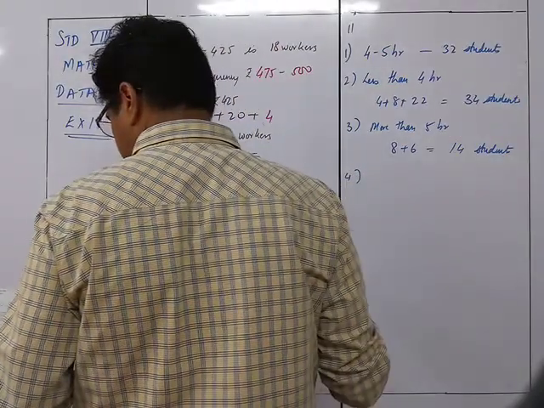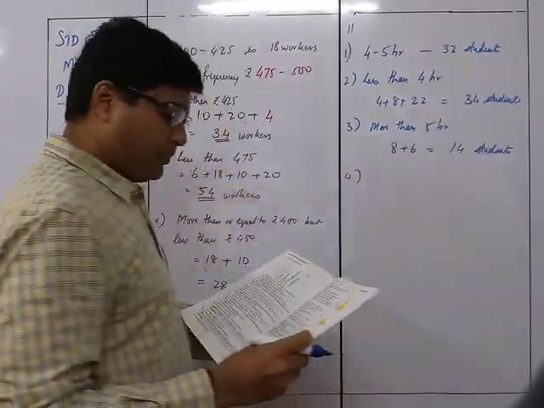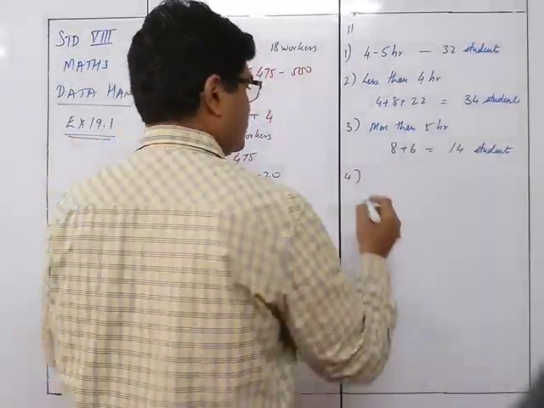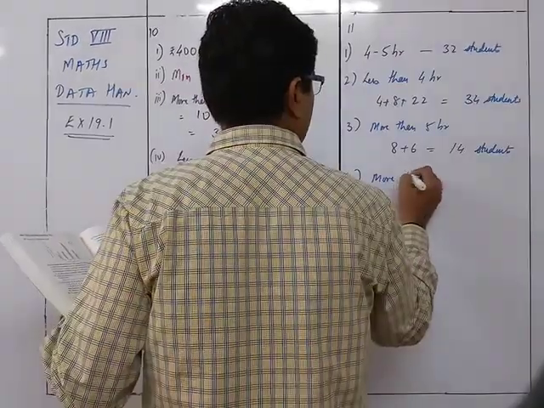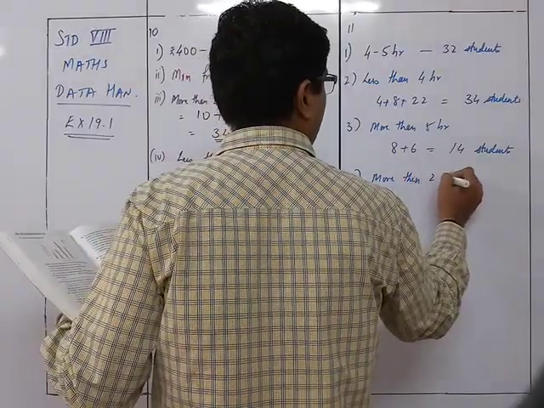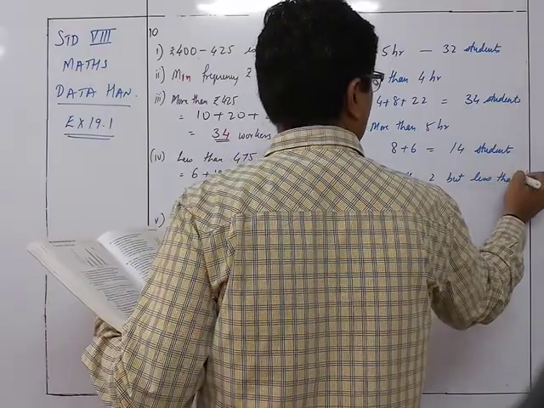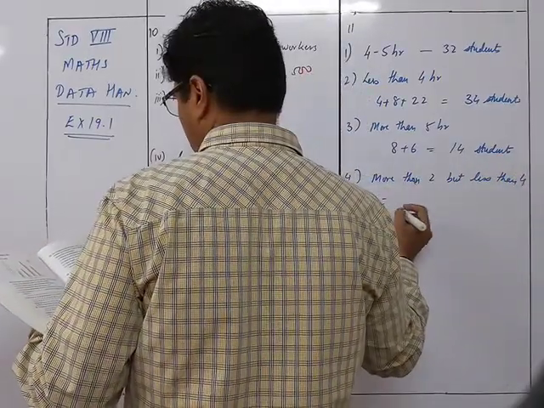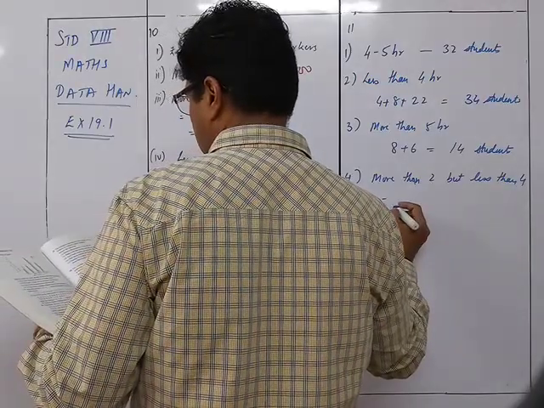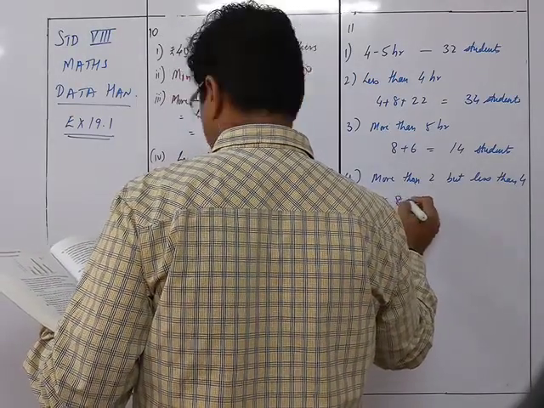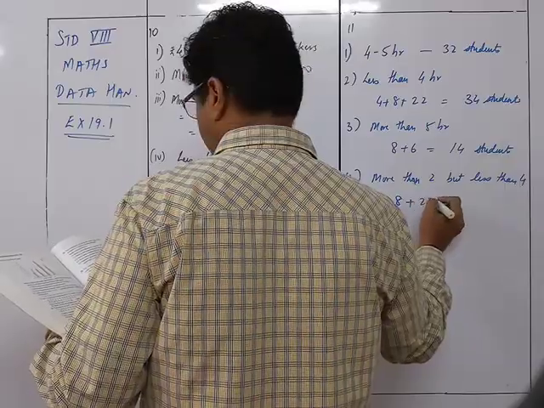And lastly is how many students spend more than 2 hours but less than 4 hours. So more than 2 but less than 4 is equals to, more than 2 is 2 to 3. So 8 will be there. Plus 3 to 4 is 22 will be there. Yeah, that's it.